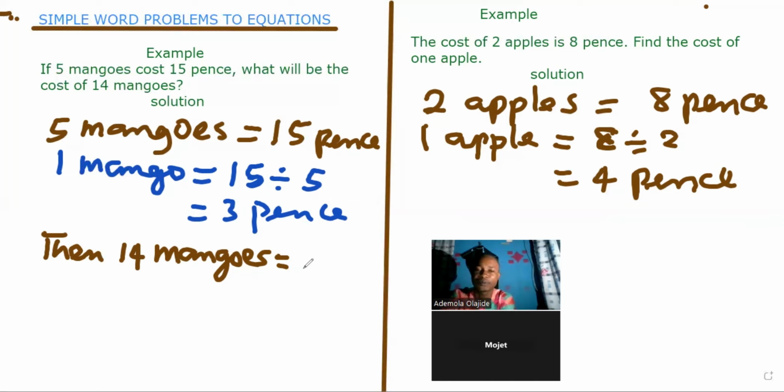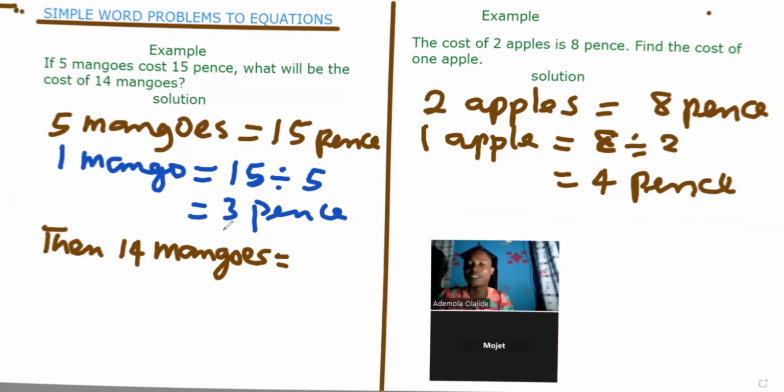Okay. So I'm going to say 14 divided by 3. 14 divided by 3? Hello. The idea is that if you have the value for one thing, and you now want to find the value for many things, you multiply. 3 in 14 places.